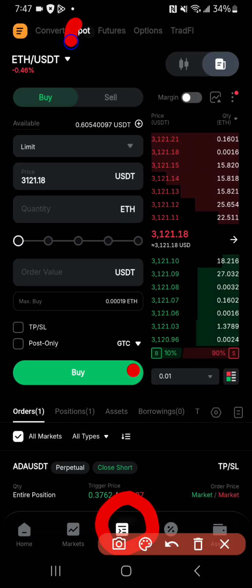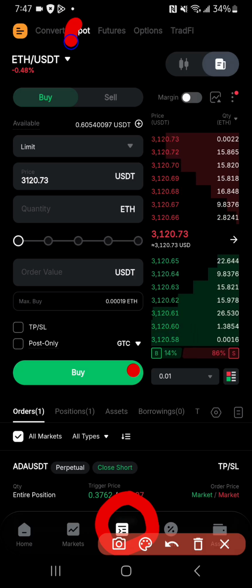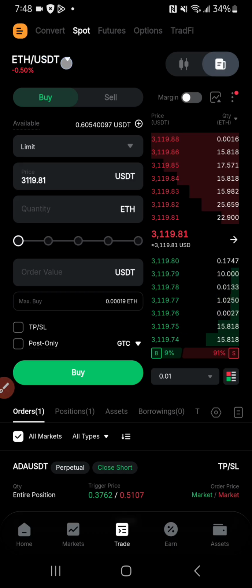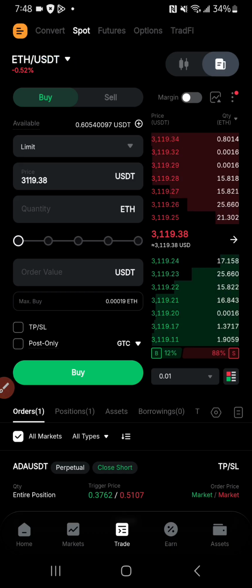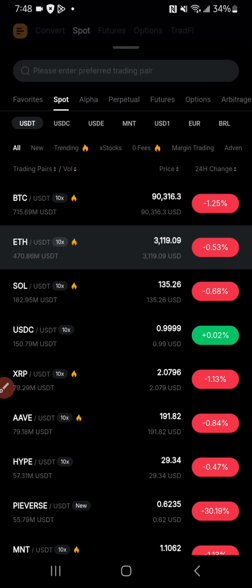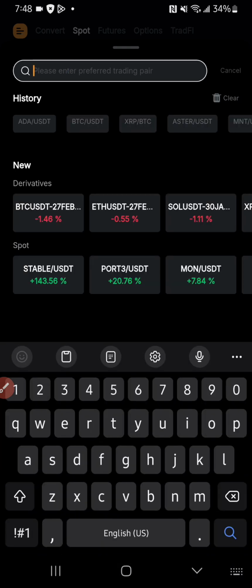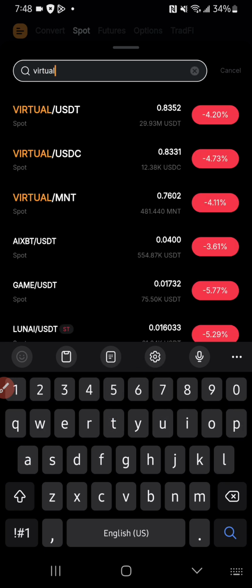Spot is right there. After then, you will need to search for the cryptocurrency in this section. Once you click on there, you can search for any cryptocurrency. In this case, it is called Virtual.